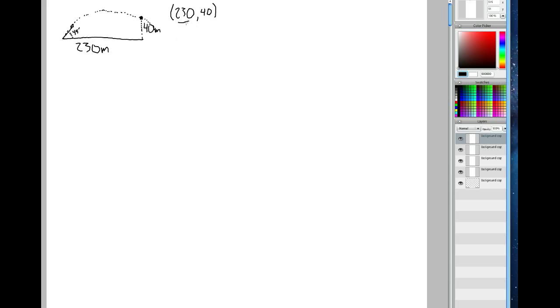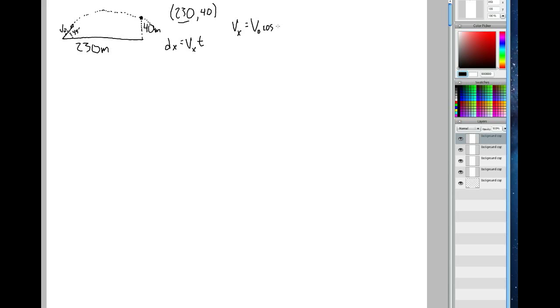So we can use this x, or dx, equals vx times time. Now, we don't know the time, and we also don't know this initial velocity. So since we don't know initial velocity, we can't figure out what Vx is. But we do know how to find Vx, and that is V naught cosine of theta.